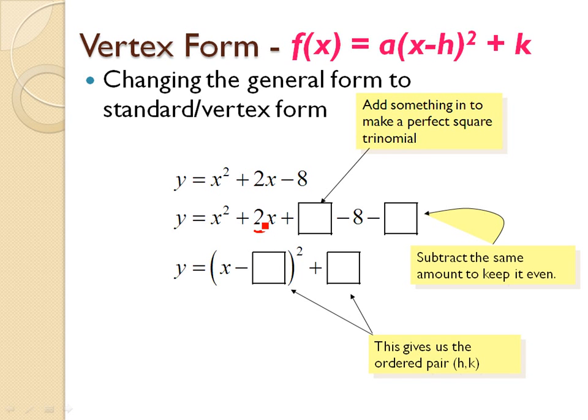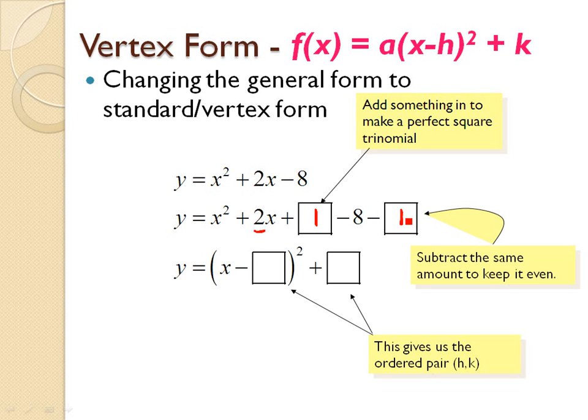If you divide 2 by 2, you get 1, and then you square 1, which gives you a positive 1. So we'll put positive 1 here, and we have to turn around and do the opposite. If we added 1 there, we really have to subtract the 1. We're going to subtract that same 1. That's called completing the square.